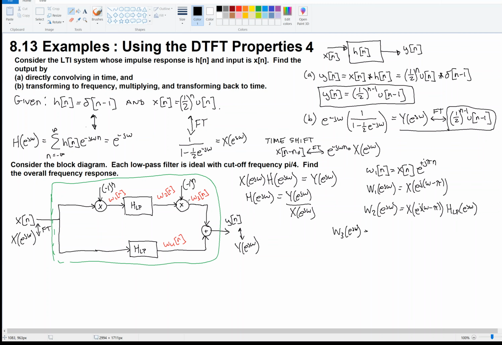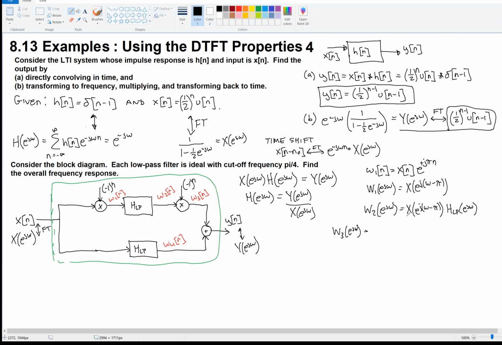So the spectrum of W3, well, we're again multiplying in time by (-1)^n. As we've talked about from the frequency shift property, that has the effect of shifting W2's spectrum up by pi.